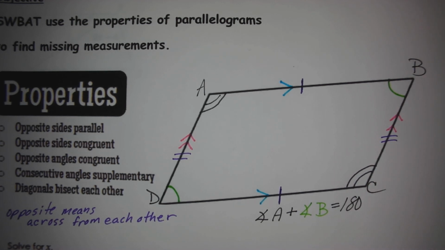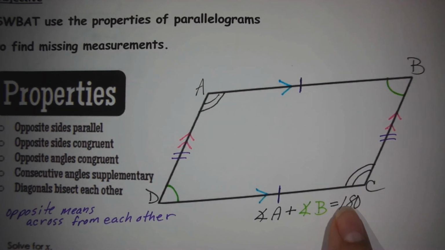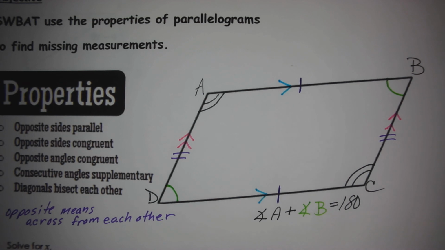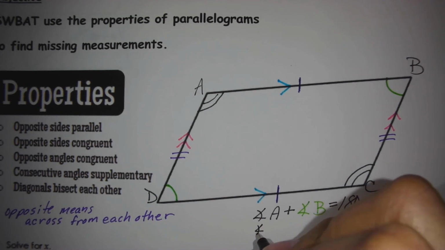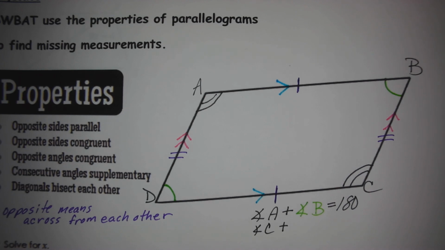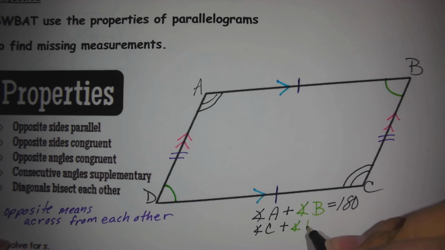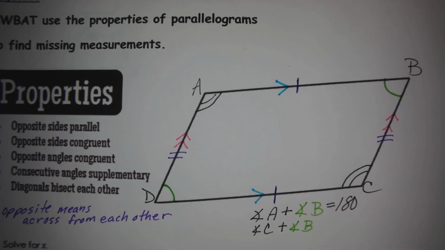And that's going to keep coming back. Supplementary, complementary, all that stuff is going to keep coming back. So we know that these two are consecutive and they're supplementary. We can also say that angle C plus angle B is 180 degrees.